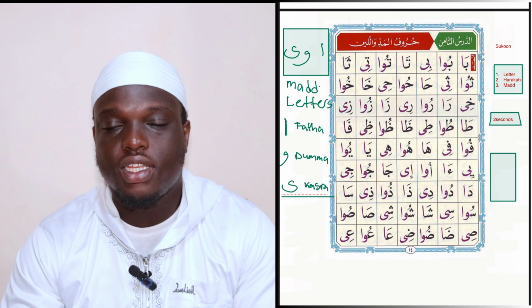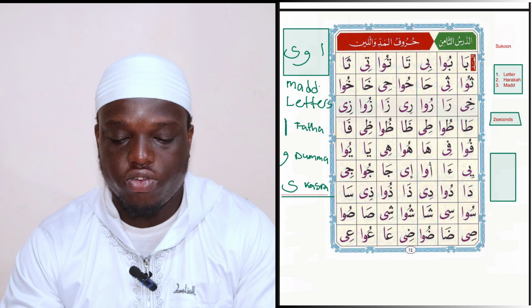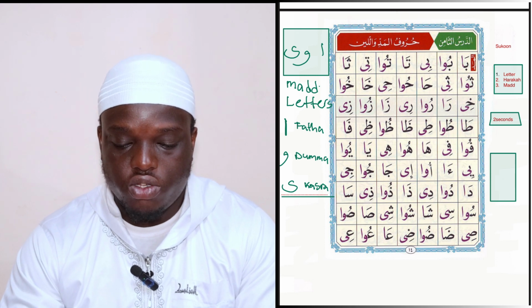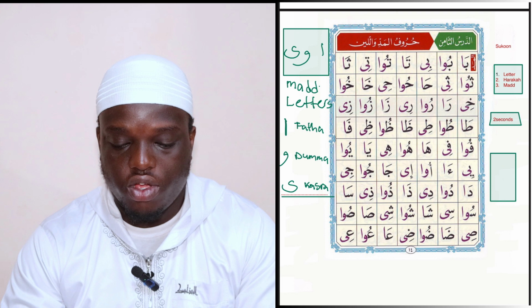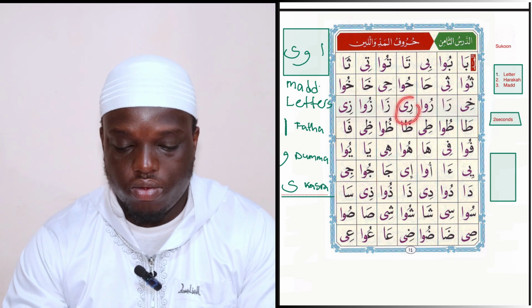However, you have to practice this part of the lesson plenty of times, until you master it. Also, you guys notice here how the ra and the alif sukun don't connect, as in written form, right? We see they're separated.